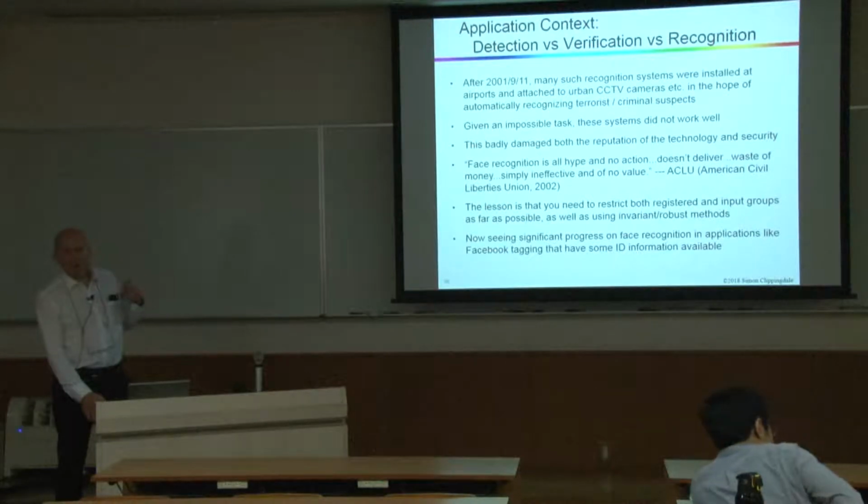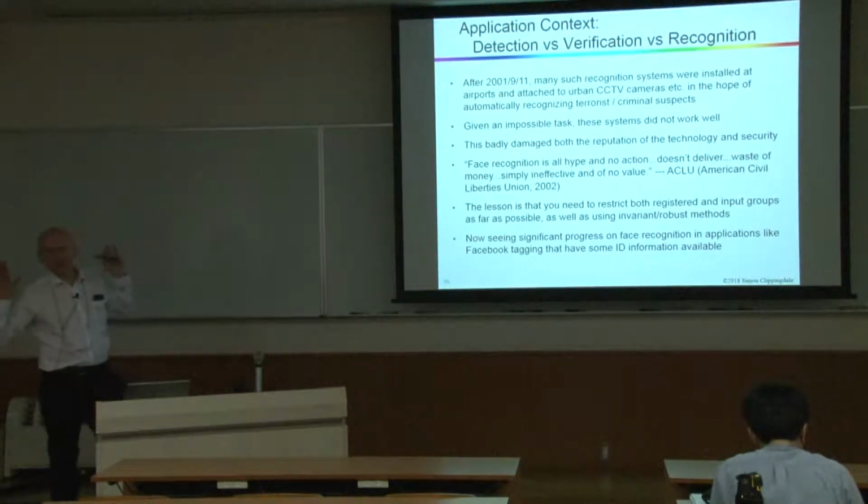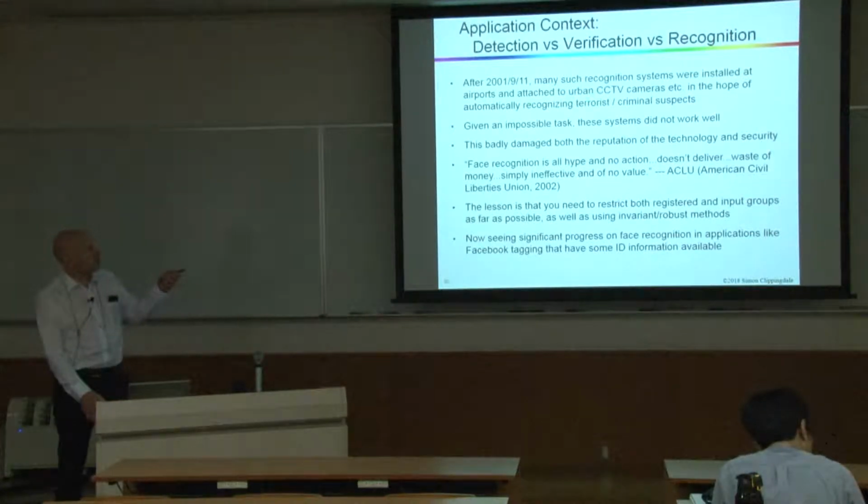So this was made painfully clear after terrorist attacks in 2001 in the US, where people panicked and installed face recognition systems in airports all over the US and everywhere else. And they were hooked up to CCTV cameras in towns and so on. And the database was an FBI watch list, a load of pictures of bad guys.